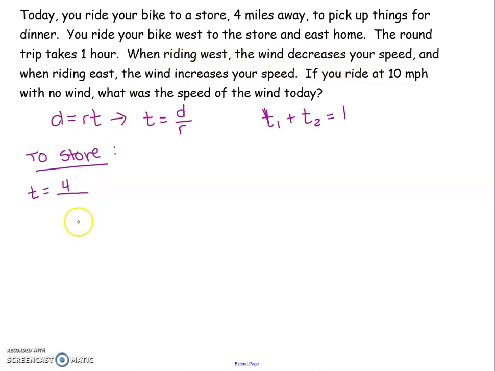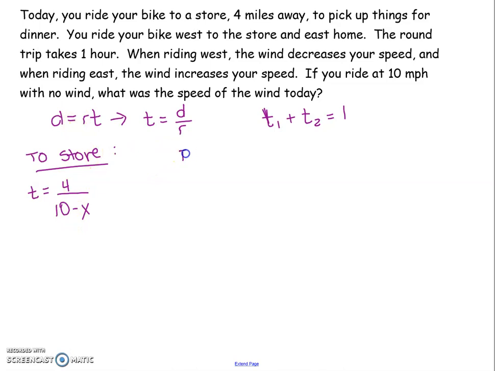So we don't know what our speed is with the wind, but we do know without the wind, our speed is 10. So if we're traveling 10 miles per hour, but now the wind is hurting us, the wind is decreasing our speed, we don't know what the speed of the wind is, so we're going to minus x. So whatever that speed of the wind is, we're taking that away from our 10 miles an hour. So we're actually going less than 10 miles an hour to the store.